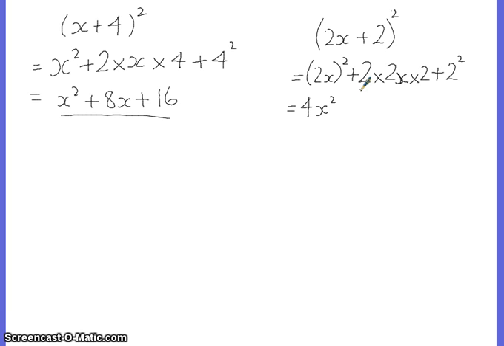Yep, 2 times 2 times 2x. We can solve all those 2's. 2 times 2 is 4. 4 times 2 is 8. Good girl. Is 8x. And 2 squared, we should know, is 4. We can't solve that anymore. It's as simple as it can go.